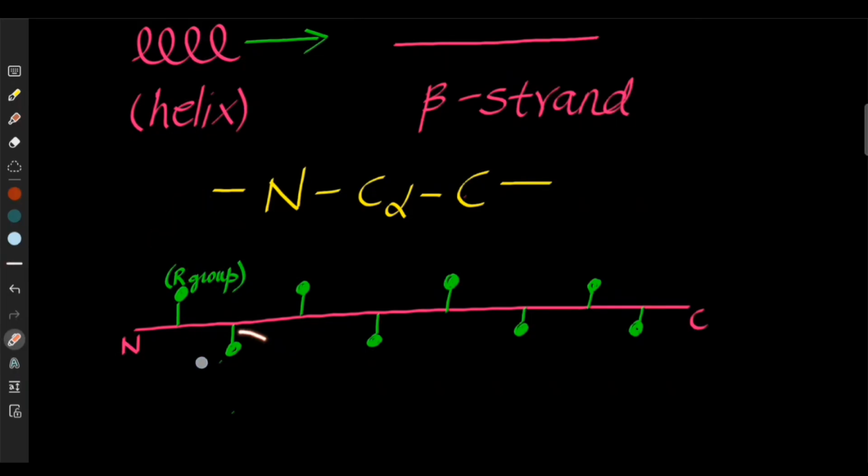That means this is pointed outwards, this is also pointed outwards, so they point in opposite directions. The reason is that they have a very bulky group of amino acid, due to which they don't want to create any kind of steric hindrance. Therefore the R group is pointing in a different direction.